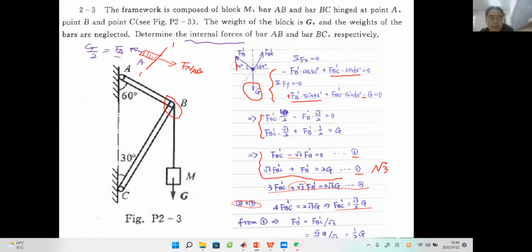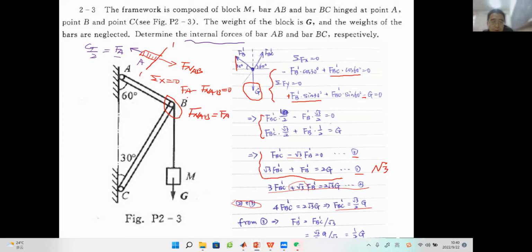So maybe we give a coordinate system with x. When we use sigma x equals 0, we have this equation very easily: F_A minus F_NAB equals 0. So we can find F_NAB equals F_A.